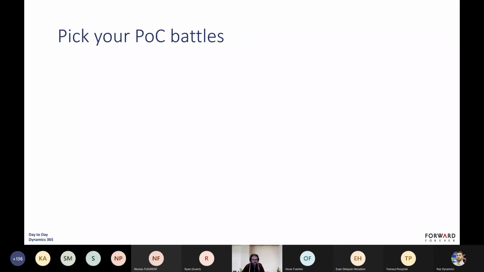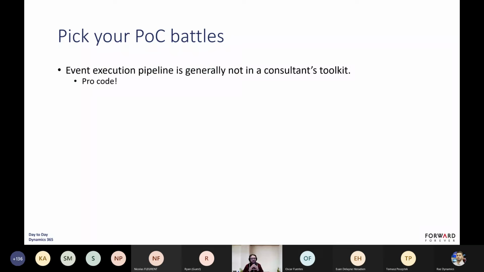With that, I do think that you really got to pick your proof of concept battles, right? And this is general for not just Project Operations, but for the whole Dataverse as a platform, and for all first-party applications. You got to pick your proof of concept battles. And one of those battles to pick is the event execution pipeline.